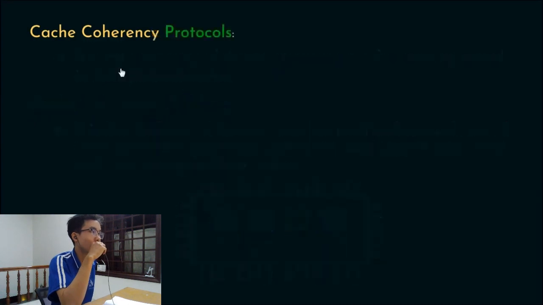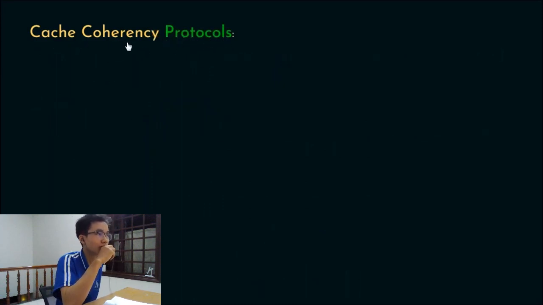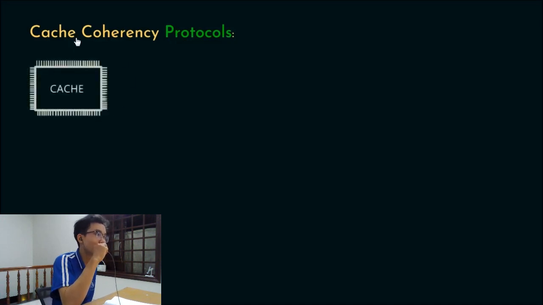Now, before getting directly to the protocol, let's talk about some associated terminology. We are dealing with caches, where we already know every cache is logically divided into lines or blocks. In order to ensure coherency, we maintain some information within the cache controller. What information do we maintain?